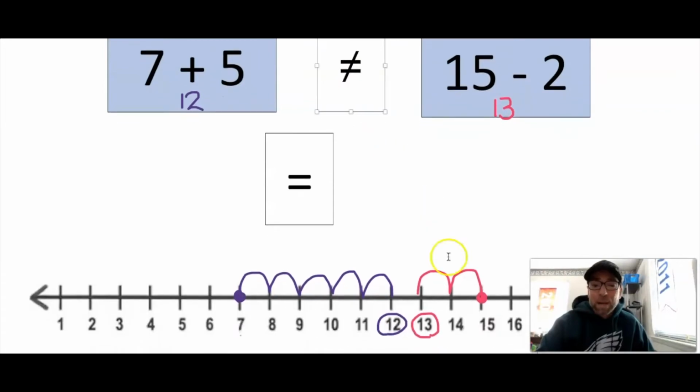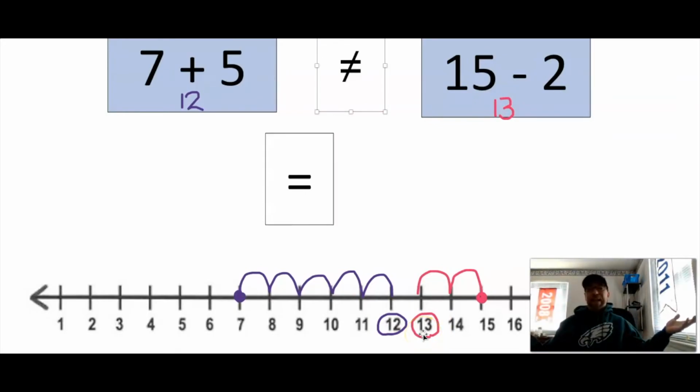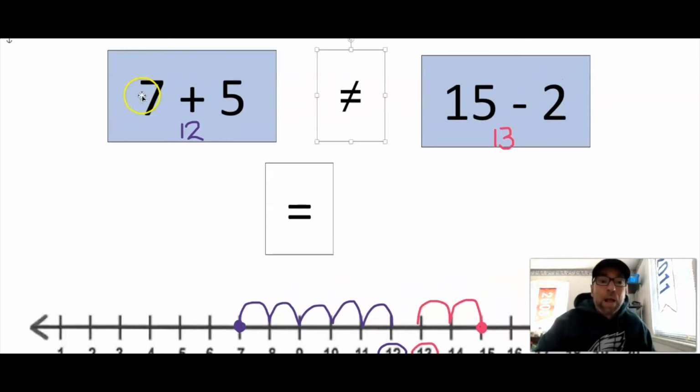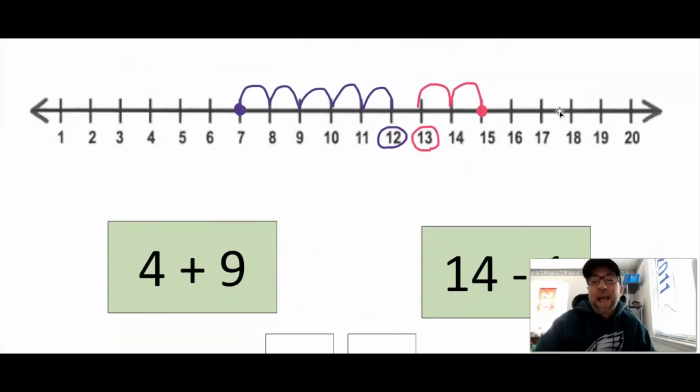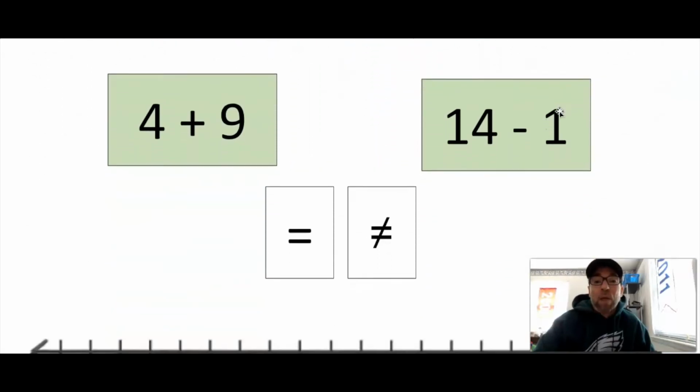Notice even on my number line, I landed on the number 12. I landed on the number 13. I didn't land on the same number. I would read this number model, 7 plus 5 is not equal to 15 minus 2. That's a false number model. It's not true.